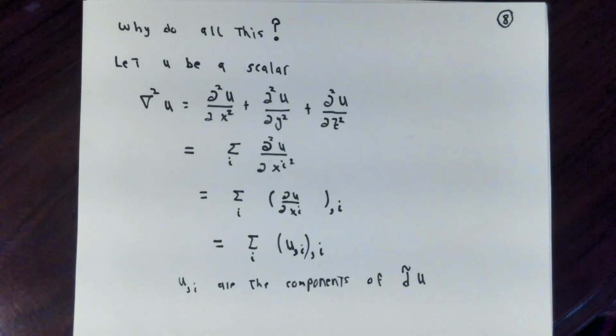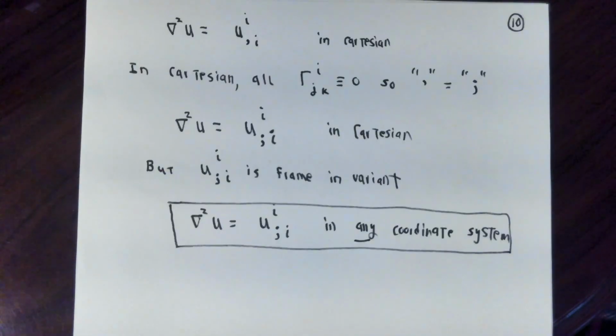Unfortunately, we've also seen that if you have tensor components and you do ordinary partial derivatives of them, the result is usually not components of a tensor. In Cartesian coordinates, all the Christoffel symbols are 0.